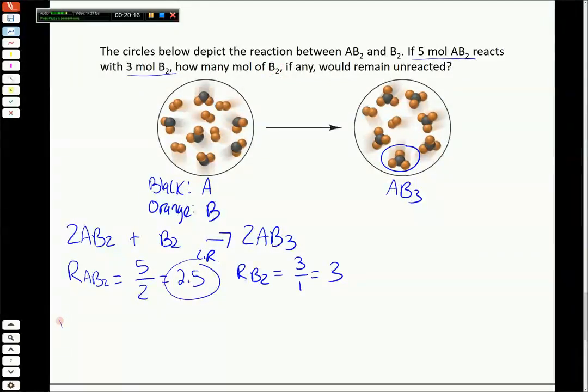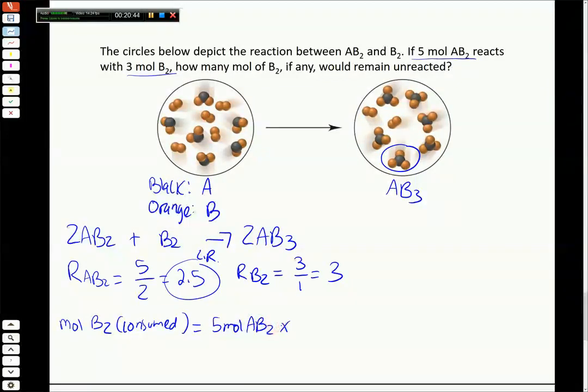To do that, we're going to find how many moles of B2 are actually consumed in this reaction. We're going to use stoichiometry to figure out, if we have 5 moles of AB2, which is our limiting reactant, how many moles of B2 will react with that. So we always start with our limiting reactant, 5 moles of AB2.